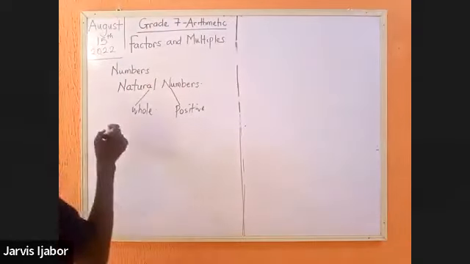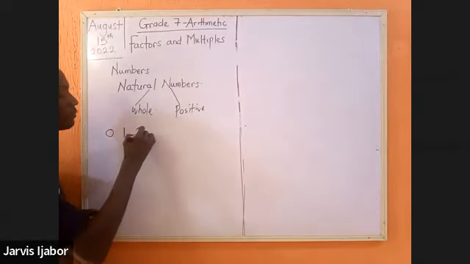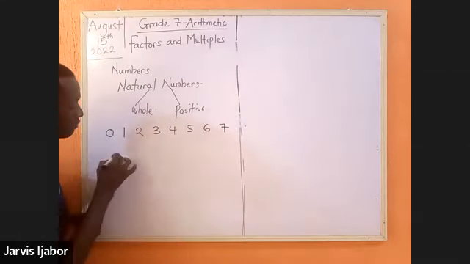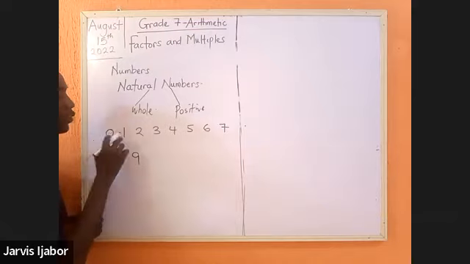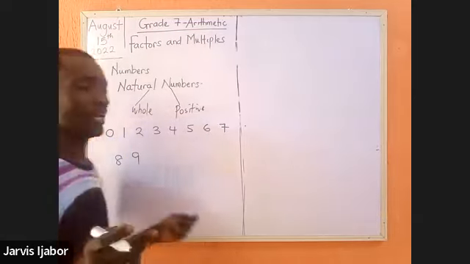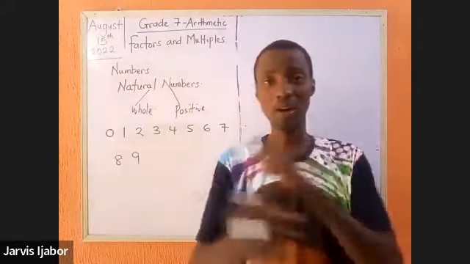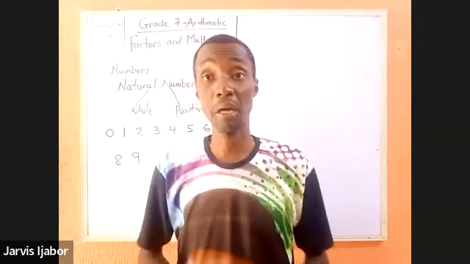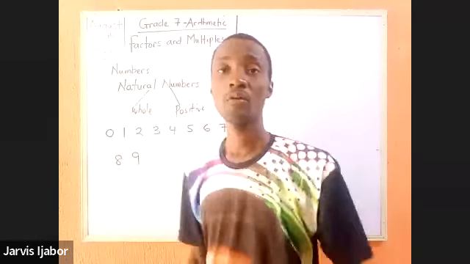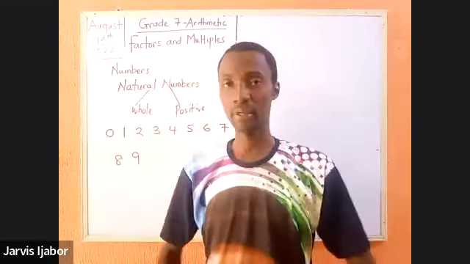Any number we can form from 0, 1, 2, 3, 4, 5, 6, 7, 8, 9, either as it is or by recombination, is a whole number. So these are basically the building blocks for whole numbers.